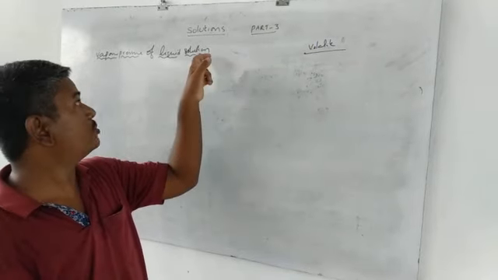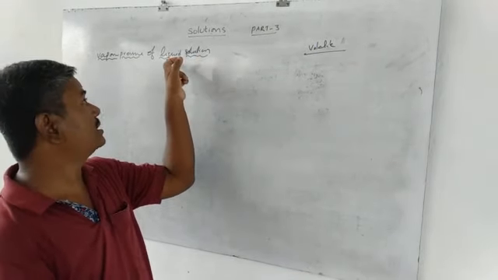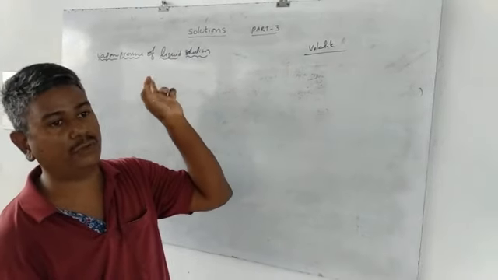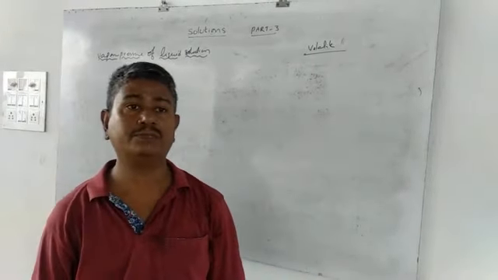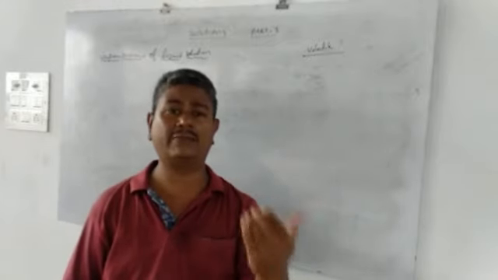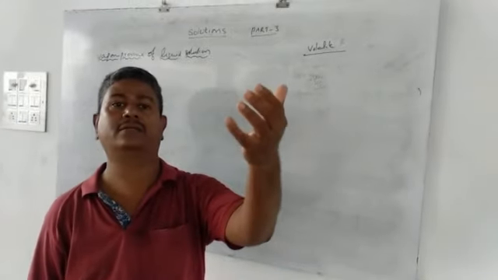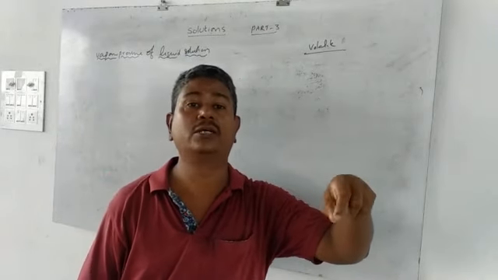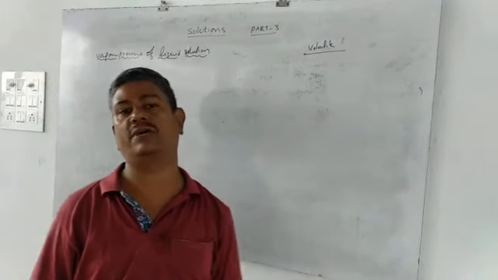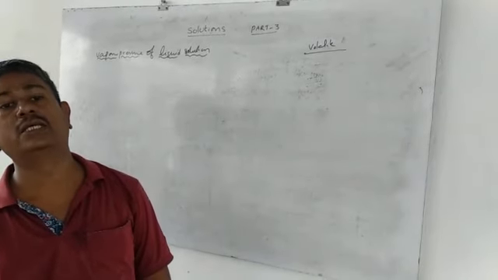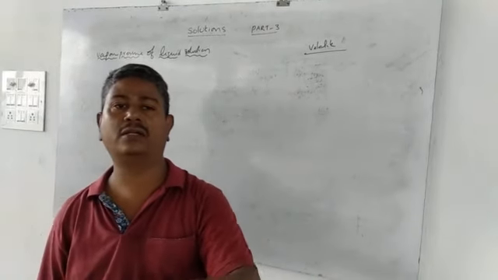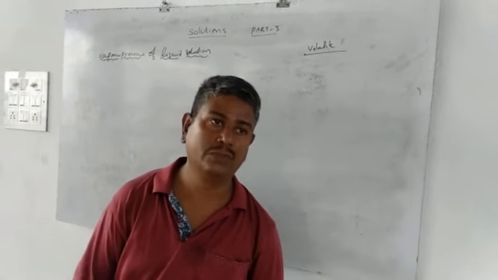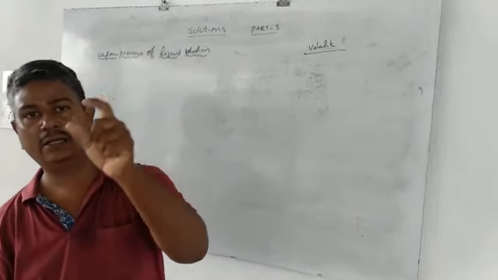If the solution is made with such volatile liquids, then what happens? The liquids will get vaporized. That vapor pressure will also affect the solubility. That quantitative relation is given by the famous scientist Francois Marie Raoult.